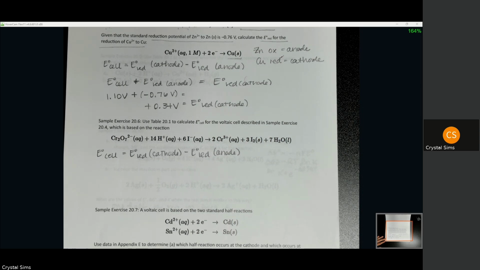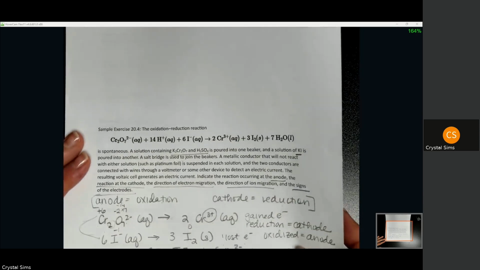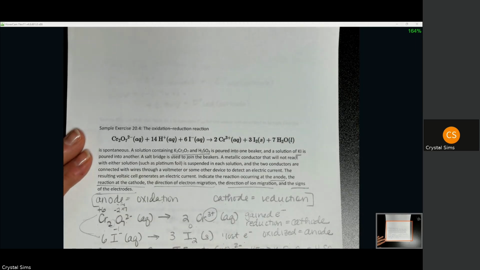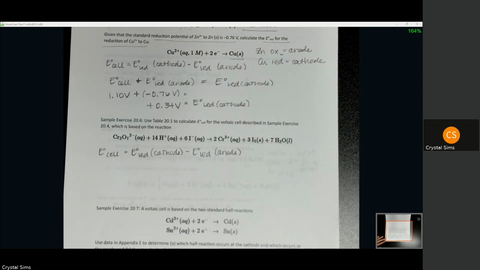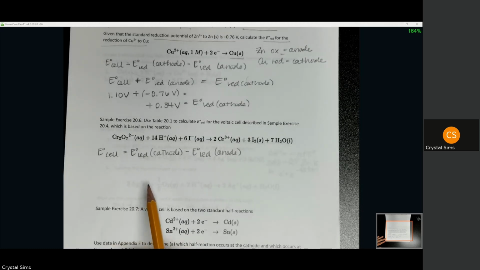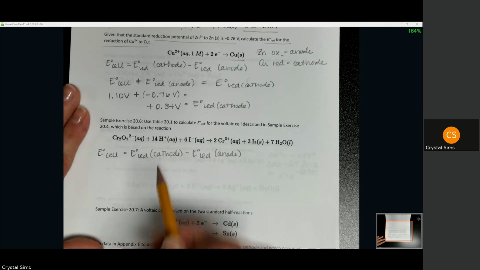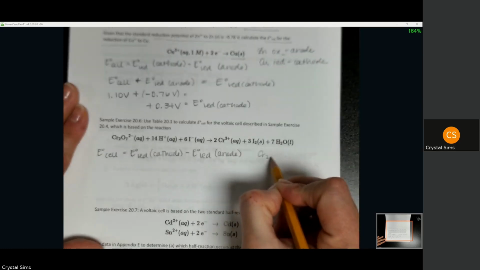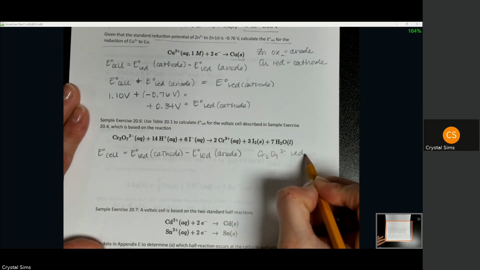Looking back at example 20.4 that we just looked at, we saw that chromate was reduced and that the iodine was oxidized. So we're going to use that to help us solve this equation. The chromate is reduced, and so that makes it the cathode.